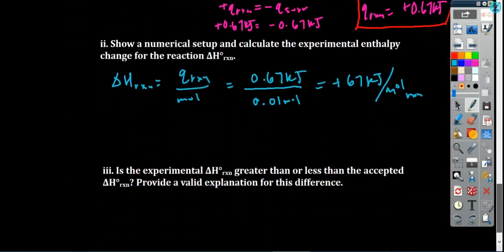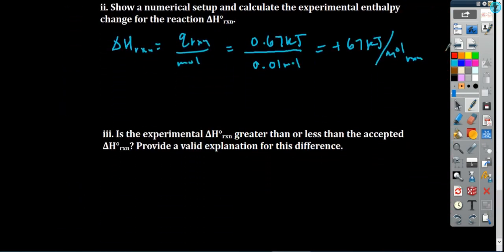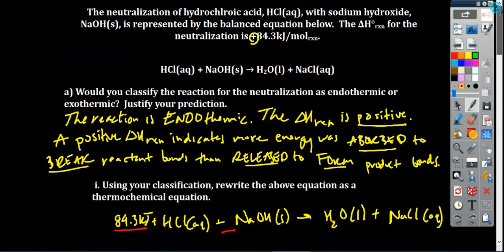And so the last part of this free response is asking you to think about, is our experimental delta H greater than or less than the accepted delta H? And then provide a valid explanation. So first, let's just answer the question greater than or less than, right? The experimental delta H, positive 67, is less than the accepted value of positive 84.3, which we know from the problem at the very beginning.